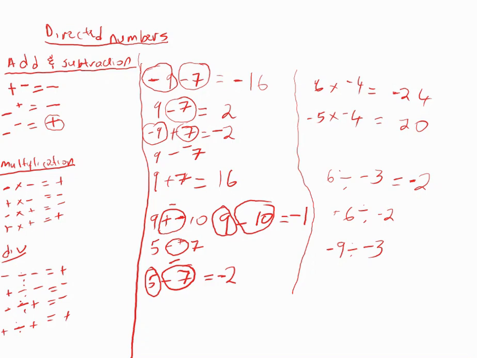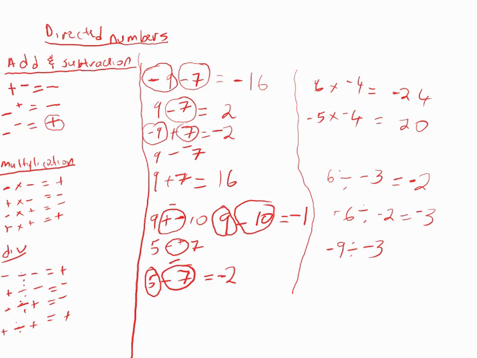6 divided by negative 2. So we are going to say 6 divided by 2 is how much? That is 3. So 6 is positive and 2 is negative. So this means overall it's going to be negative, because there are different signs.